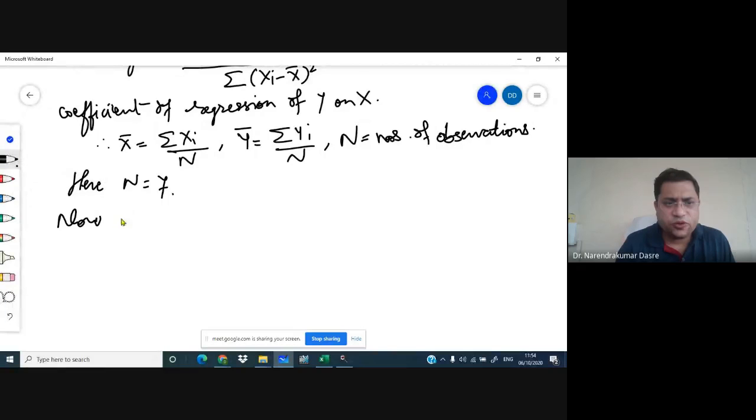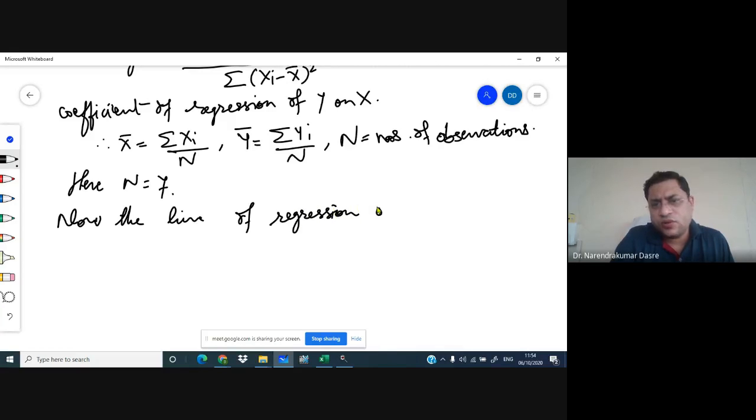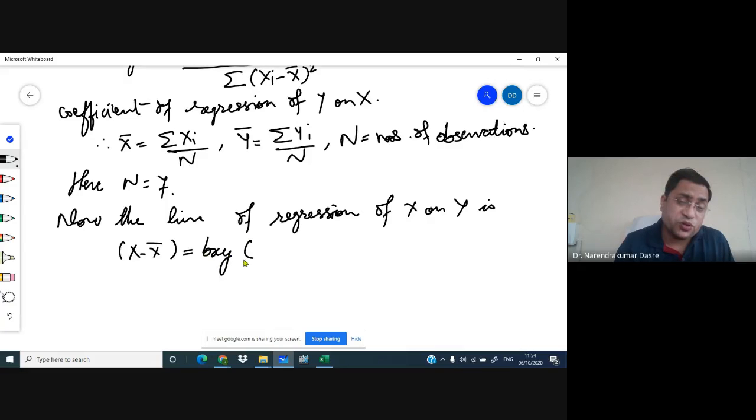So we can say now the line of regression of x on y is, what is that? You'll be having x minus x bar is equal to bxy into y minus y bar. Please use the proper notation. Be careful about bxy and byx.